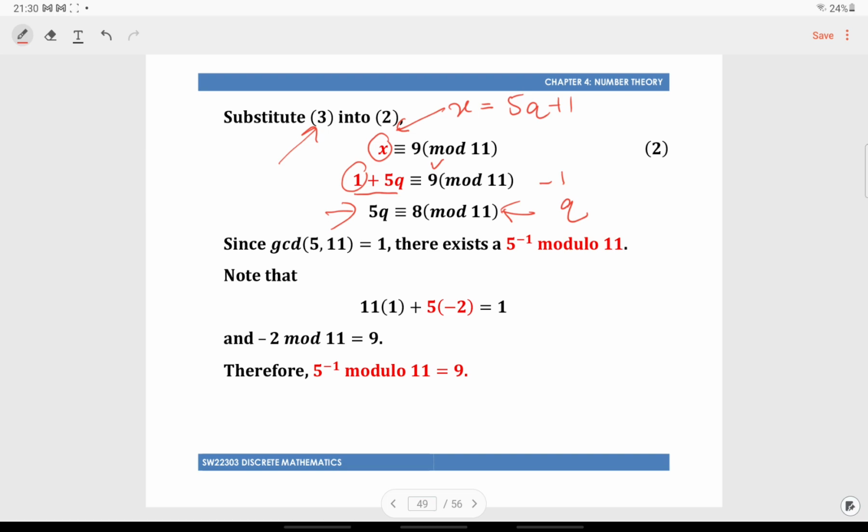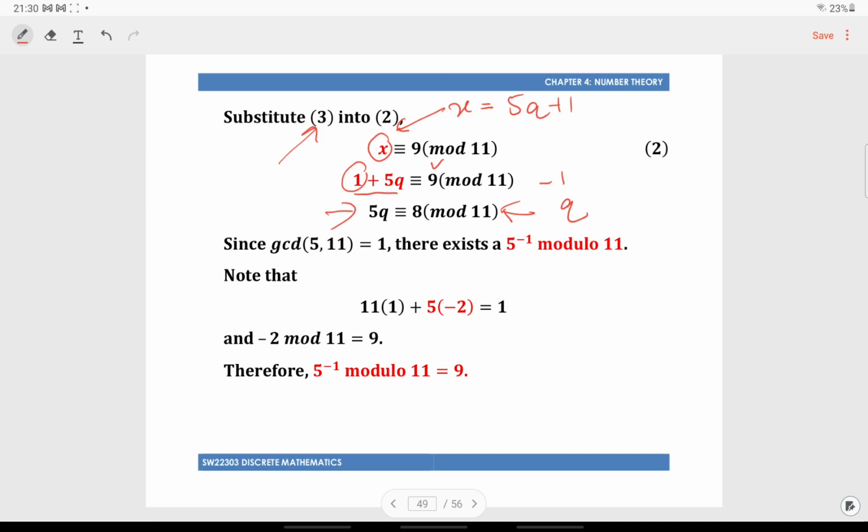First of all, to find the value of q, we consider the GCD of 5 and 11. The GCD is equal to 1, which means there exists a multiplicative inverse of 5 modulo 11. For the multiplicative inverse, we can either guess or use the extended Euclidean algorithm, so we can omit that step.